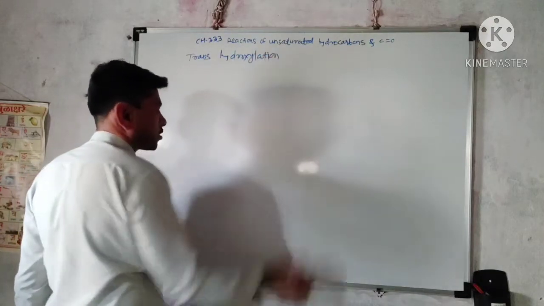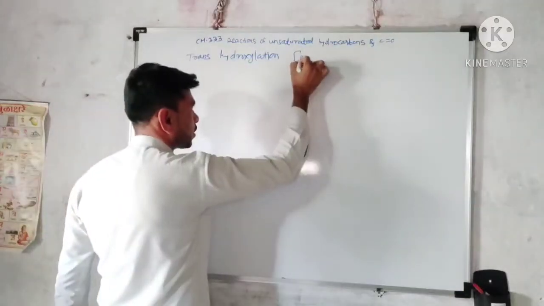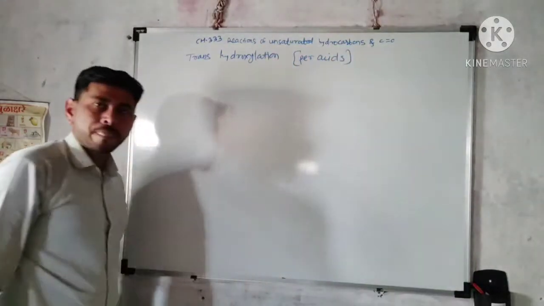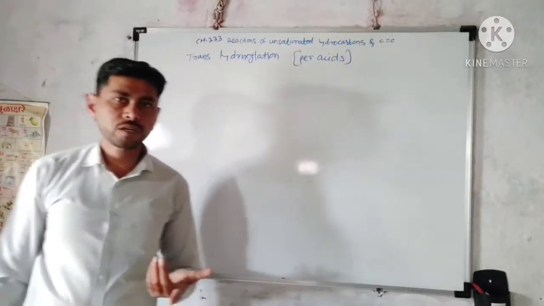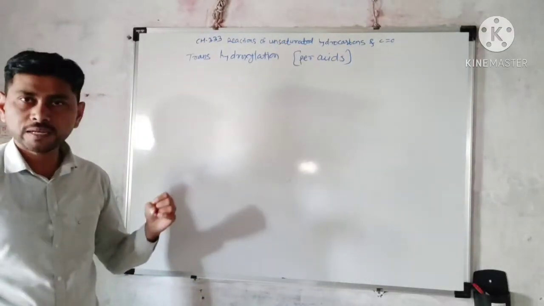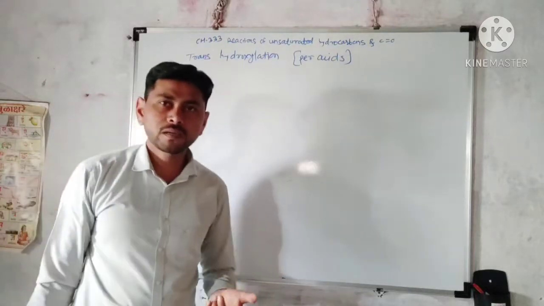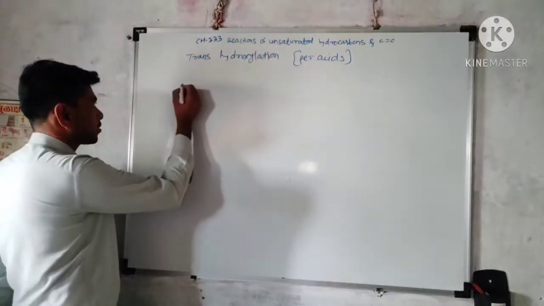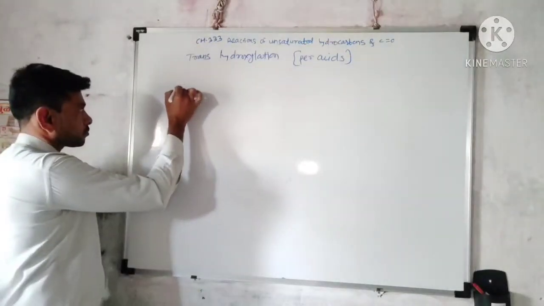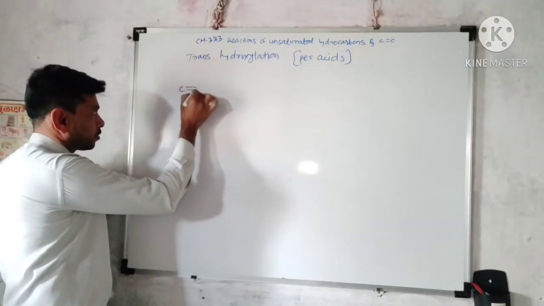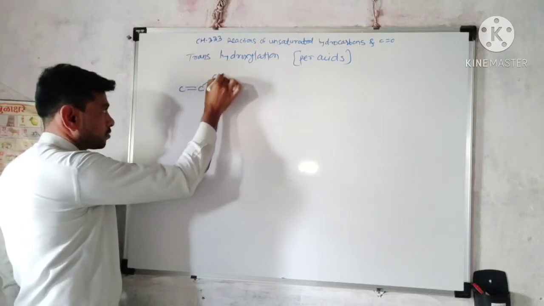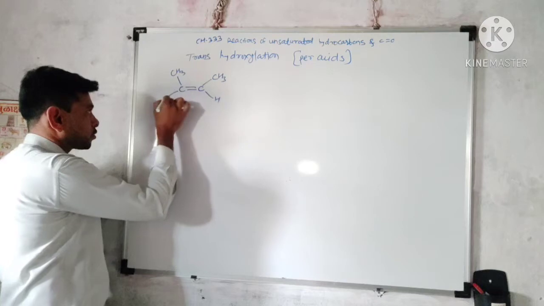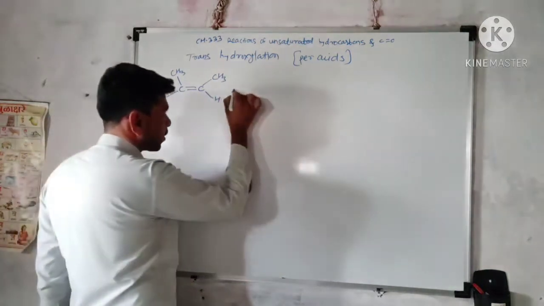In cis hydroxylation, the cyclic osmate ester, cyclic permanganate ester, manganate ester, these are the intermediates, and in this case by using per acids we get an epoxide as intermediate. So this reaction takes place via epoxide.